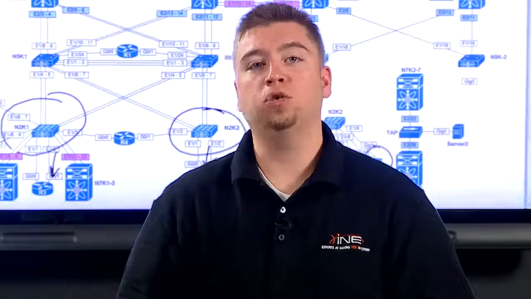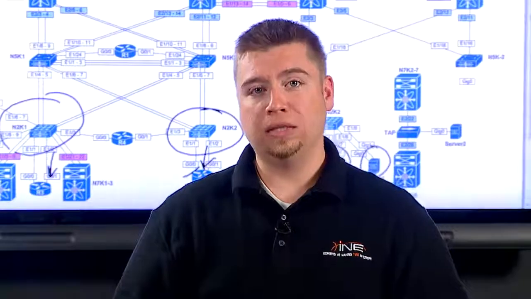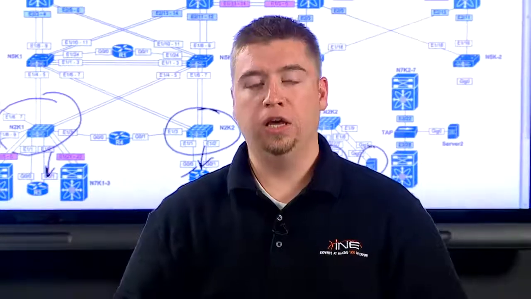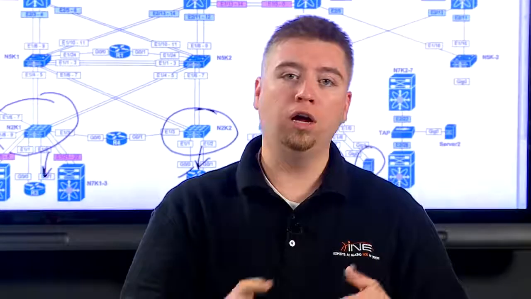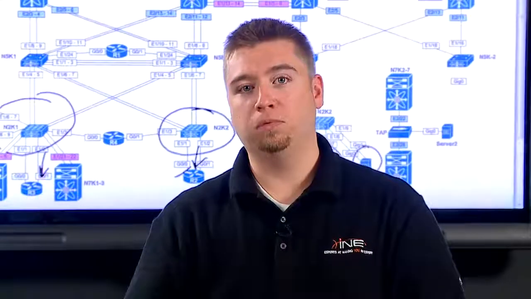And for those of you familiar with port channeling in regular Catalyst IOS, you do run into some strange order of operations issues with Nexus: if your channel didn't properly form in the first place, you have a very difficult time trying to roll back the config, undo it, and then reapply the config in the proper order.